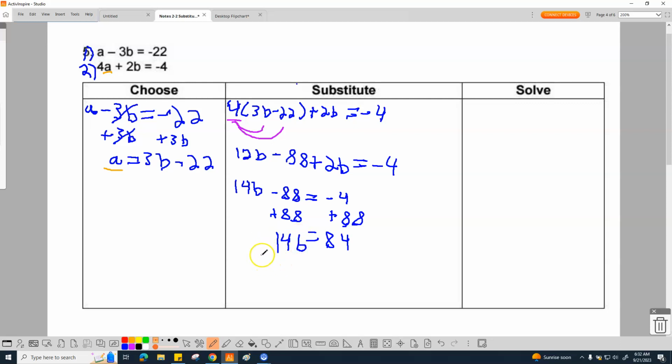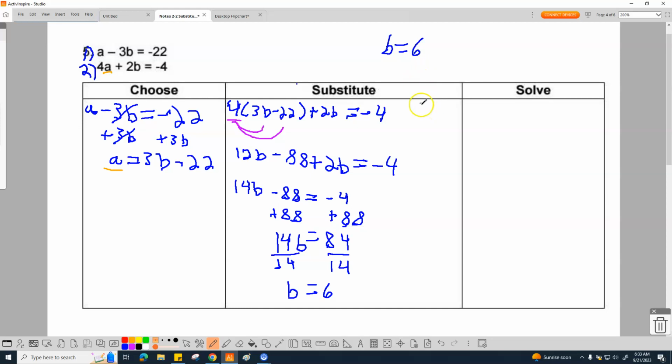Still looks like it. Whatever. 14b. Now what I want to do is divide by 14 on both sides. Divide by 14 on both sides. I end up with b equals 6. Boom. So our b equals 6.